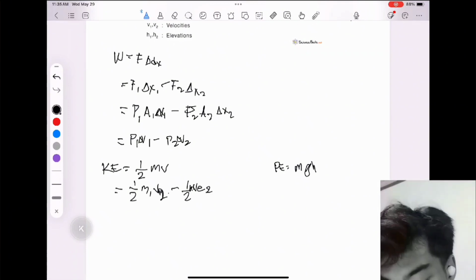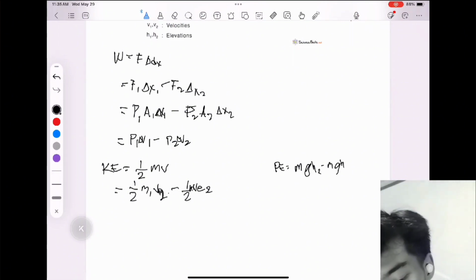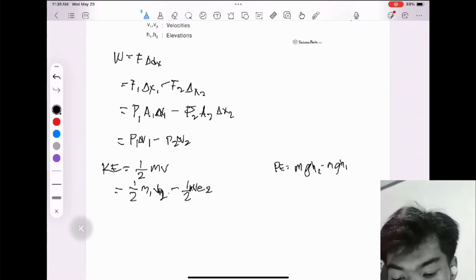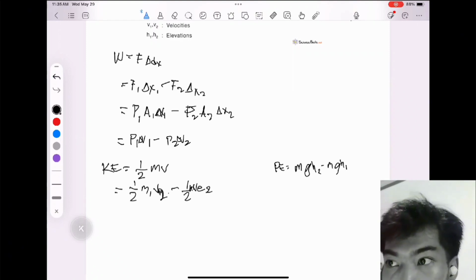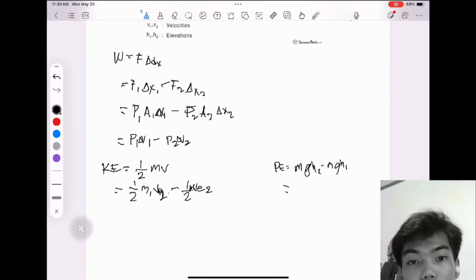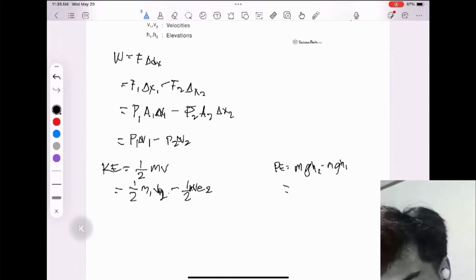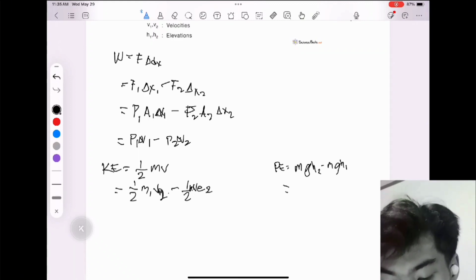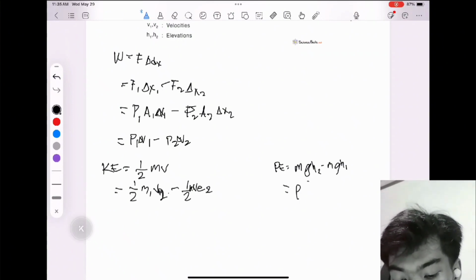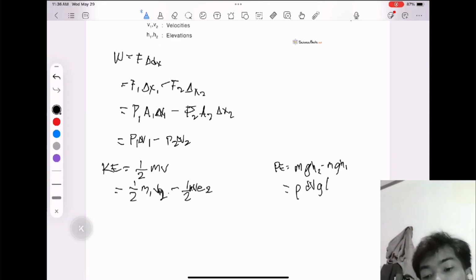Where g is gravity. Now, since two points ulit, may pagbabago ng height since mag-elevate nga from point 1 to point 2, and walang magbabago sa iba, input natin yung rho V sa mass: rho times volume times gravity times H2 minus H1. Now, nakuha na natin yung formula ng change in potential energy.